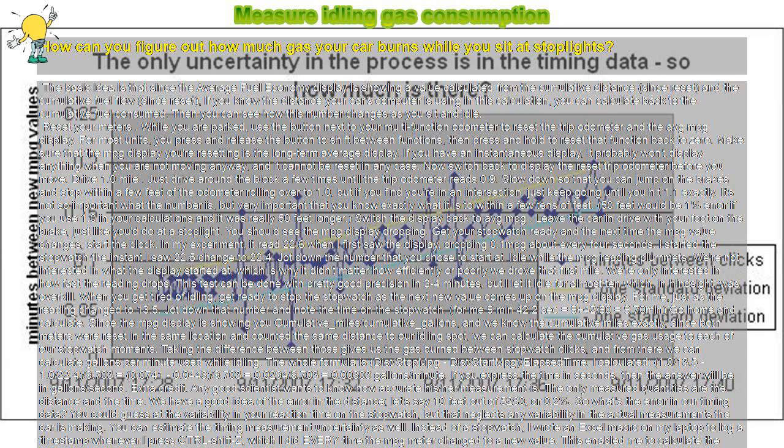The whole formula is dist/stop-mpg minus dist/start-mpg, divided by elapsed time.